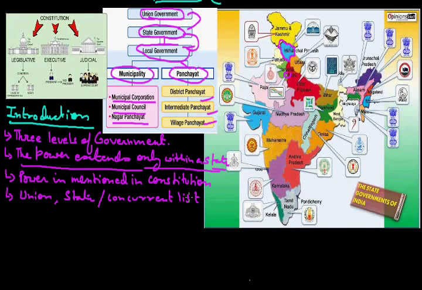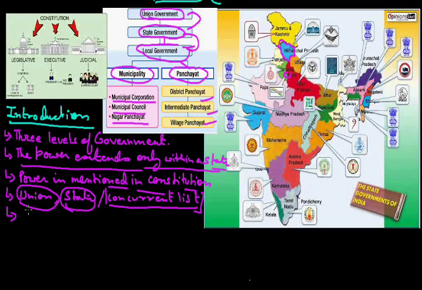All the themes or topics are divided into different lists. The union list mentions all those topics which come under the union government, and in the state list all those topics are clearly specified which come under the state government. The concurrent list is also mentioned here, with the topics which are taken by both the state and the union government. So this is how all these things are clearly specified in our Constitution, where health comes in the state government list.